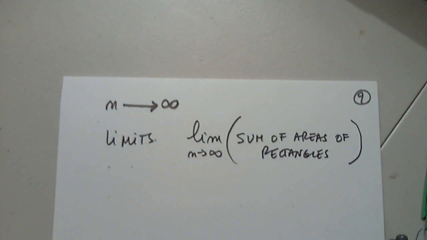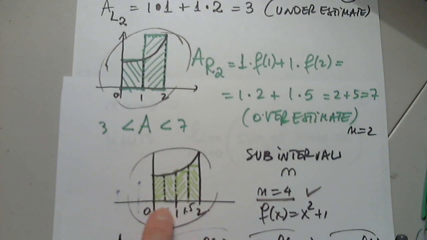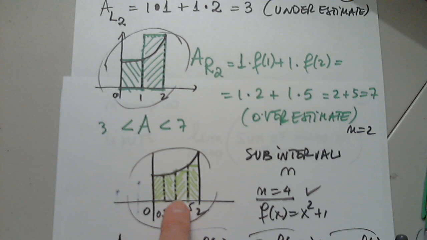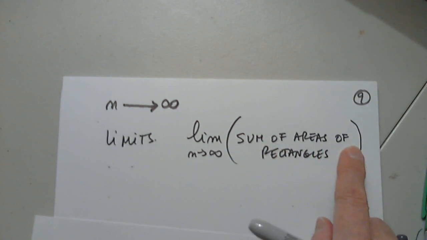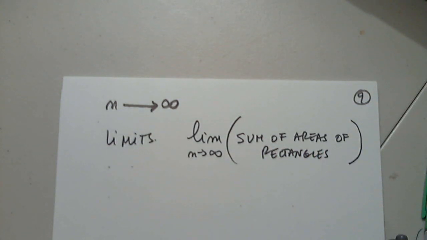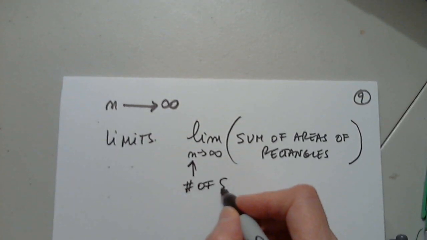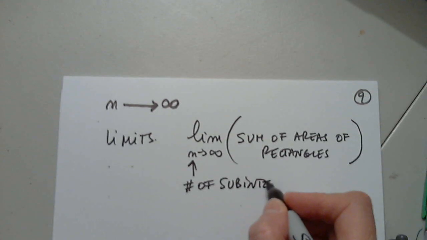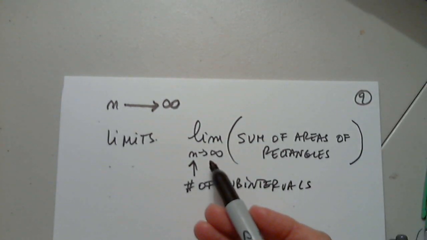So coming back here, base times height plus base times height plus base times height plus base times height. These are areas of rectangles. Sum of areas of rectangles, as n, which is the number of subintervals, goes to infinity.